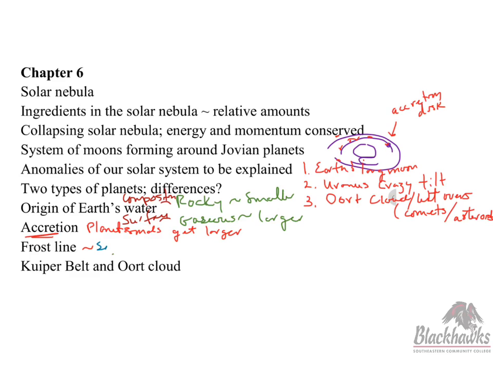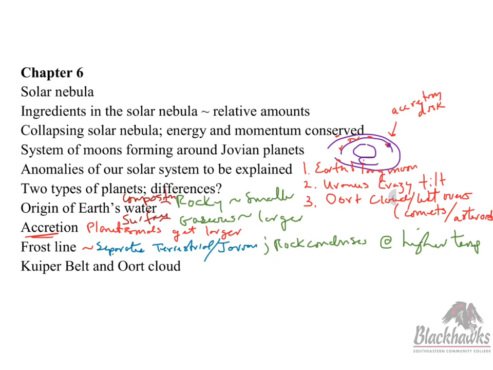So frost line separates terrestrial, Jovian, and it has to do with, I guess we could say, how about this? Rock condenses at a higher temperature. Yeah, I'm liking that.